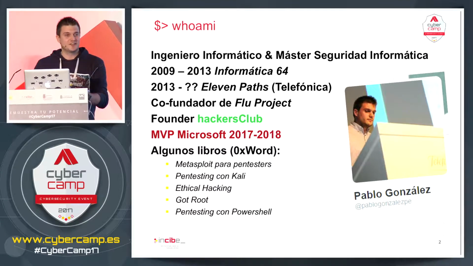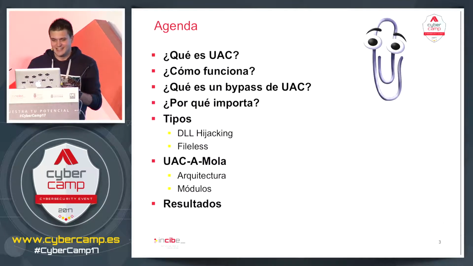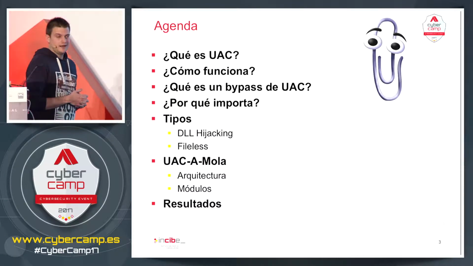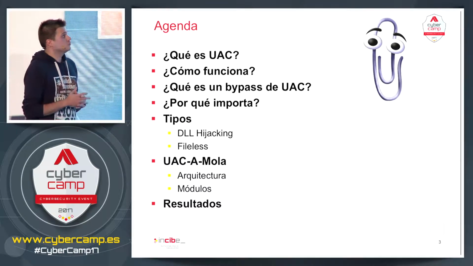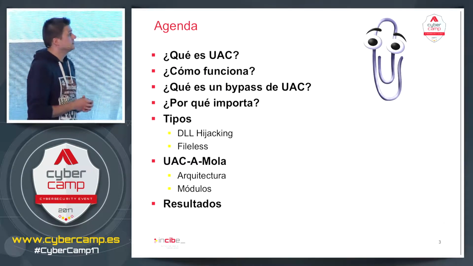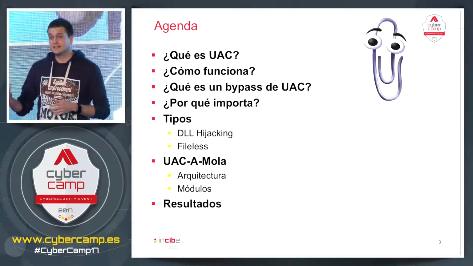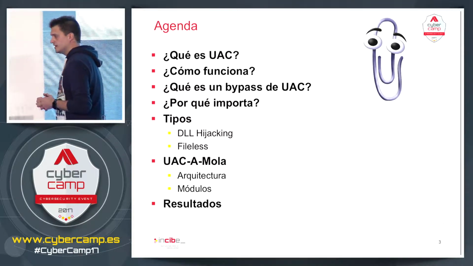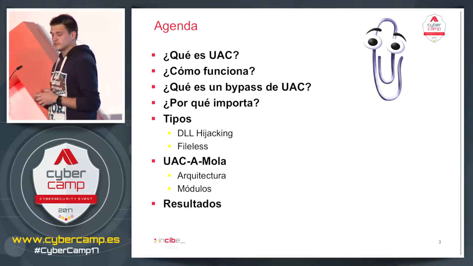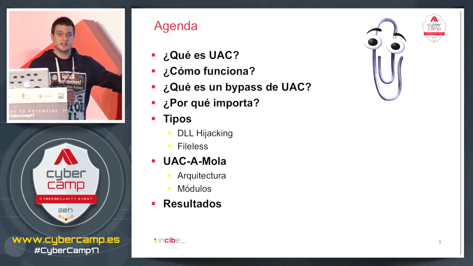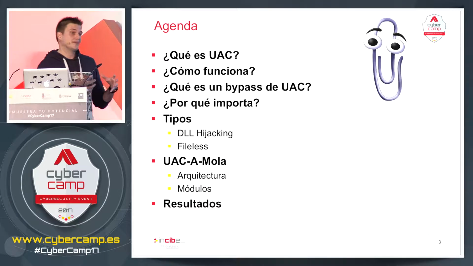I'm going to skip my introduction. So this is what we're going to be addressing: what UAC is and what UAC bypass is. Why does it matter? The different types of UAC bypasses, not all, but the most common or most powerful ones.